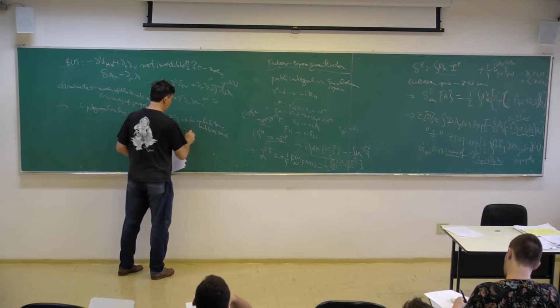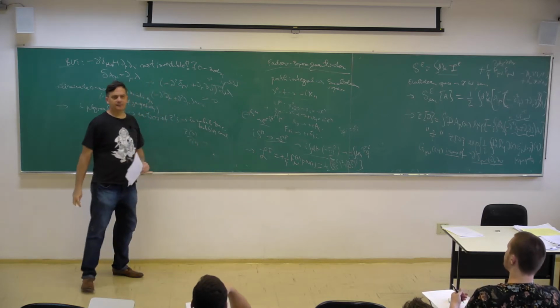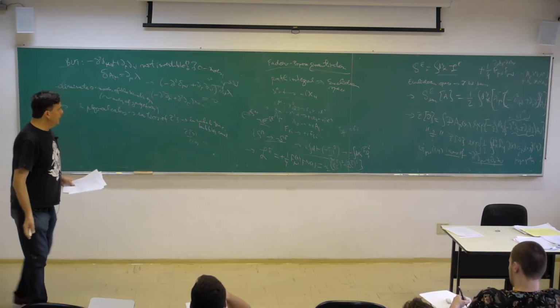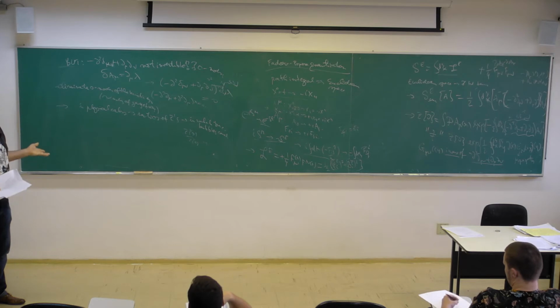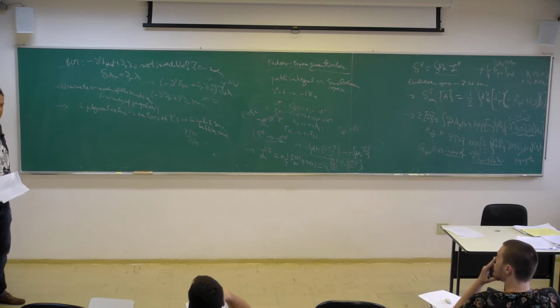So we have Z of J over Z of 0, things like that. We've seen that vacuum bubbles cancel between the denominator and numerator by a process of factorization. So these unwanted infinities in the vacuum bubbles factorize in the path integral, and they cancel in the numerator and denominator.